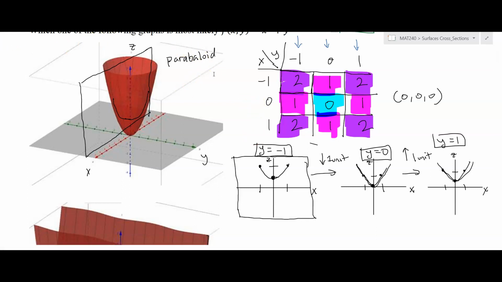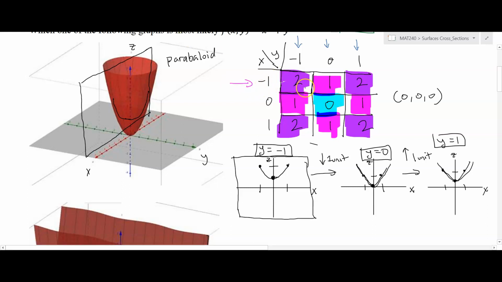Now, also algebraically, another thing that we could have done with these three graphs is, instead of looking at the relationship between x and z when y is -1, we could have taken a look at the relationship between y and z when x is -1. So when x is -1, we're looking at this graph here.